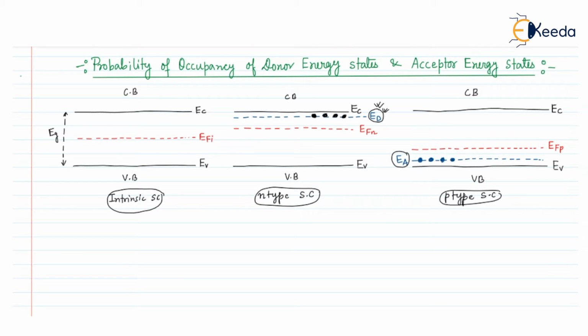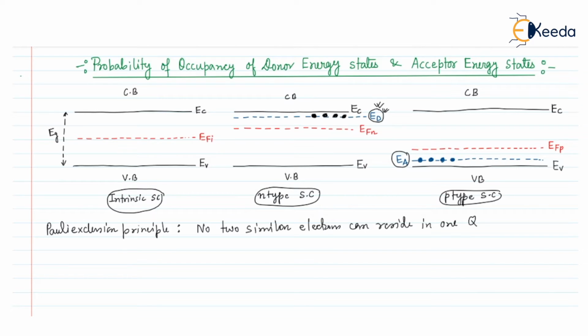For that, let us use Pauli's exclusion principle. Pauli's exclusion principle states that no two similar electrons can reside in one quantum state.